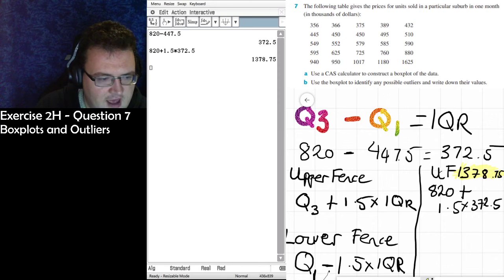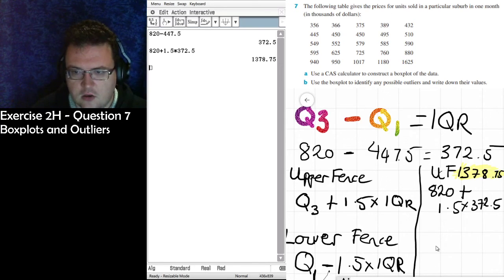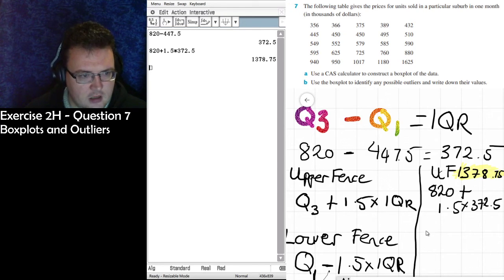And then we have our lower fence, which is going to be Q1 minus 1.5 times 372.5. So it's 447.5. This is LF. Minus 1.5 times 372.5.